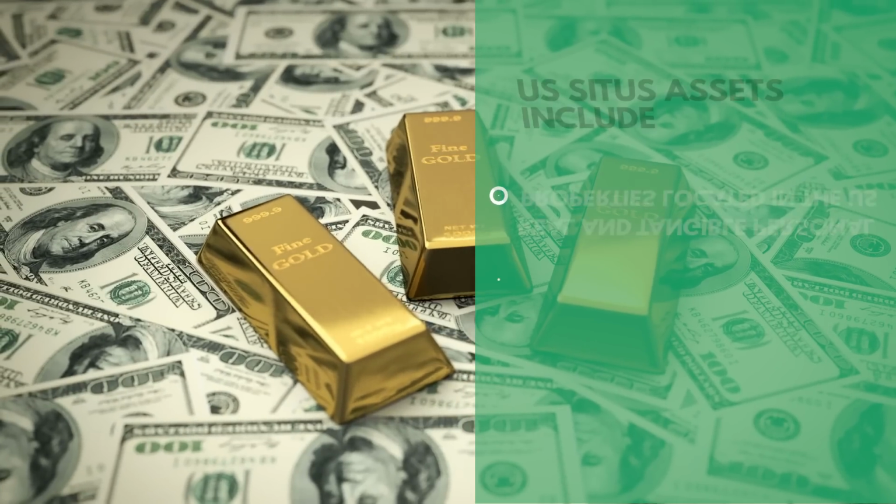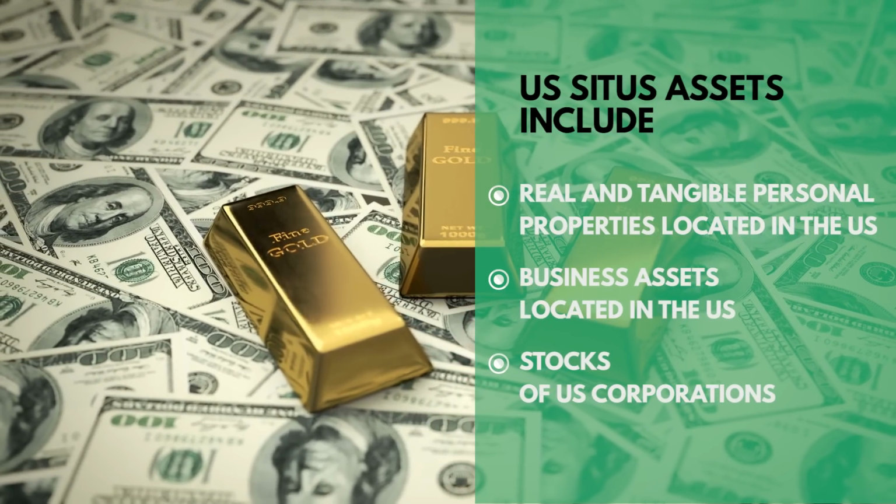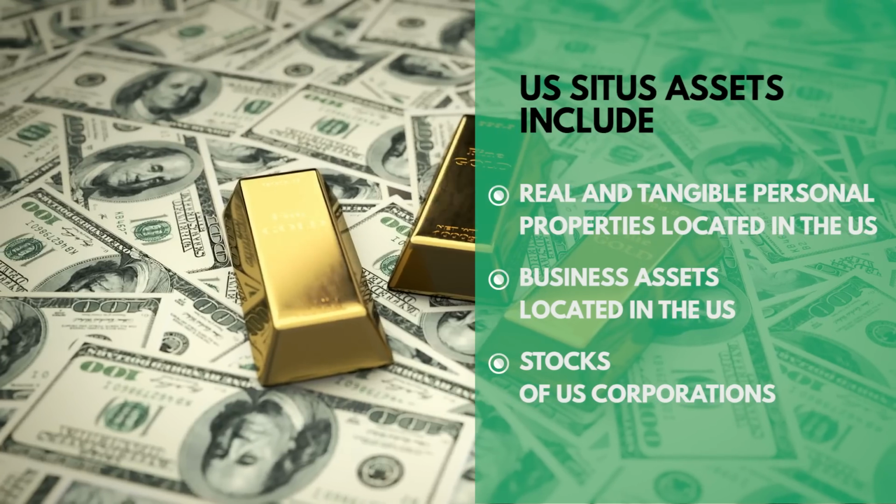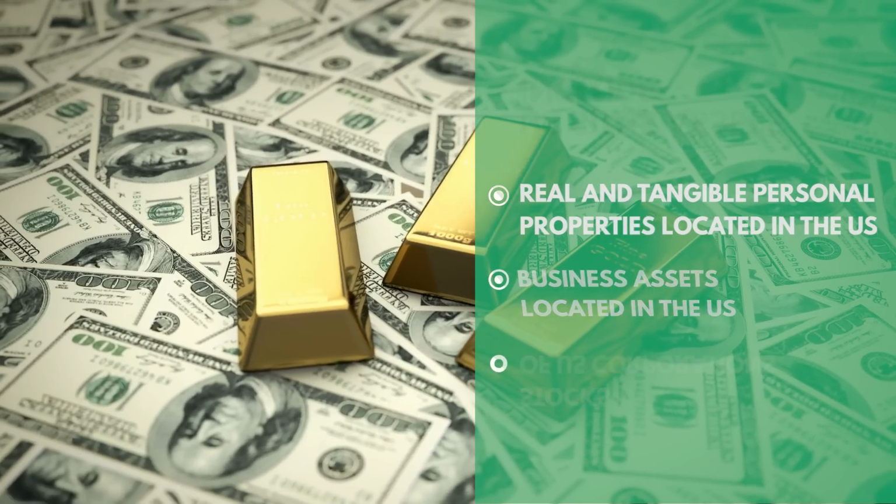Another key point is the US situs. US situs assets generally include real and tangible personal property located in the US, business assets located in the US, and stock of US corporations. The definition of US situs assets may be modified by an applicable estate and gift tax treaty. At the moment, estate and gift tax rates currently range from 18% to 40%.